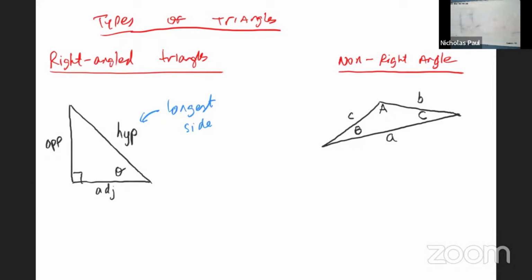Let's focus on the rules that control right angle triangles. Non-right angle is the more challenging one; we'll do that later on. For non-right angle you can use sine and cosine. Actually, you could use sine, cos, tan for everything, right angle or non-right angle. I'll show you how to do that, but let's focus on right angle triangles.